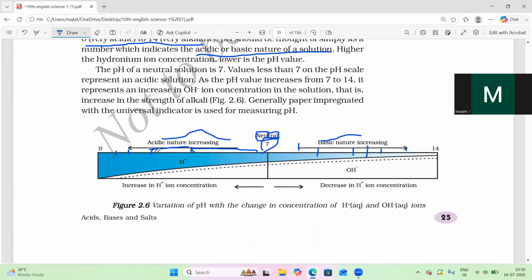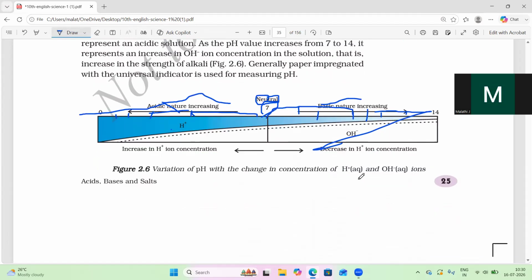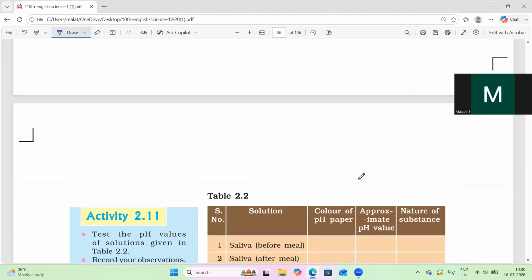While decreasing the pH value, the acidic nature will be more, 0 to 3 like that. Here, the basic nature will be more. If the pH value increases, the OH minus ions will decrease. So that is the pH scale we should know.